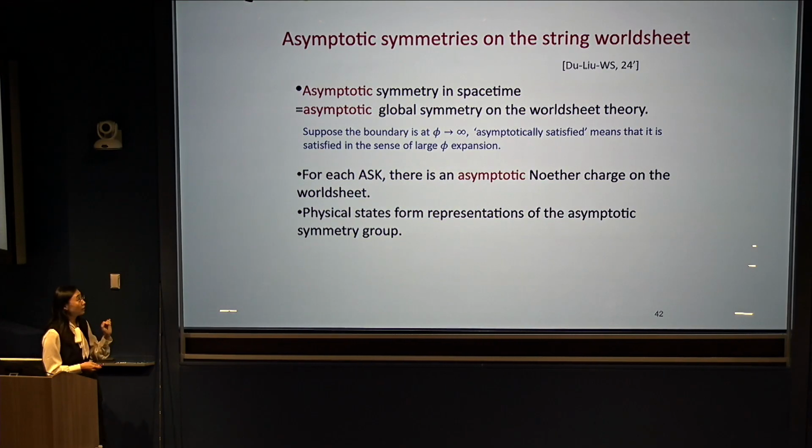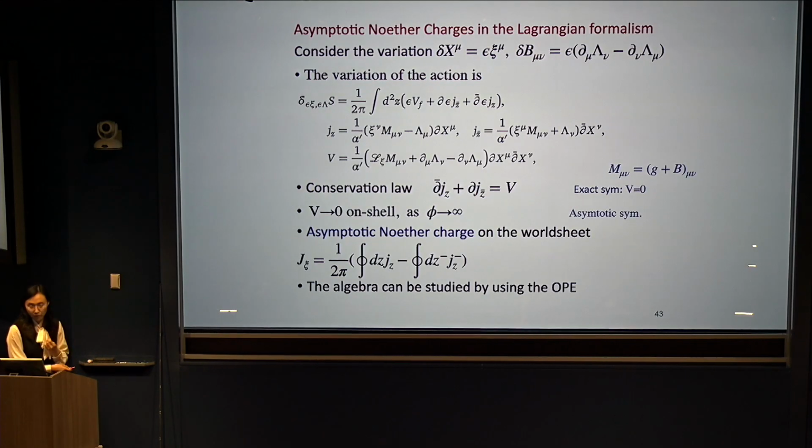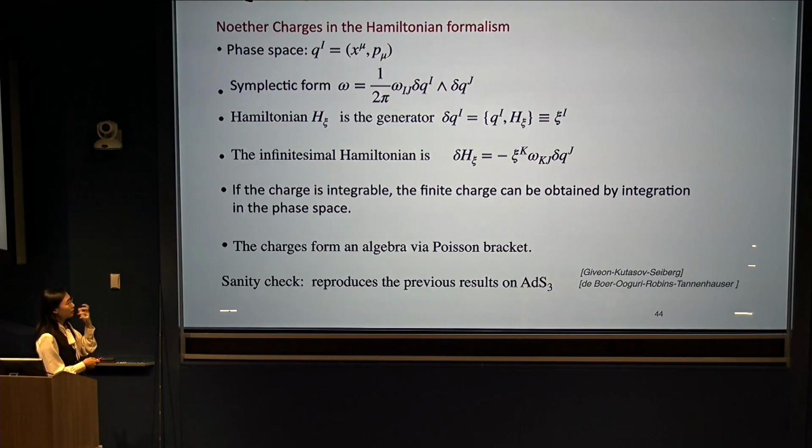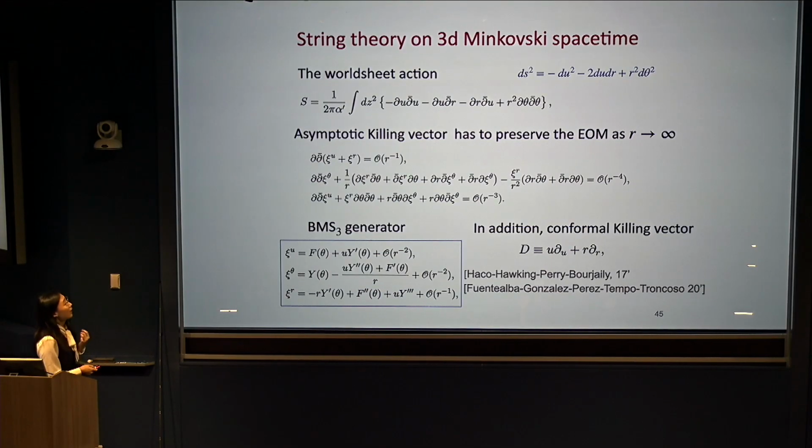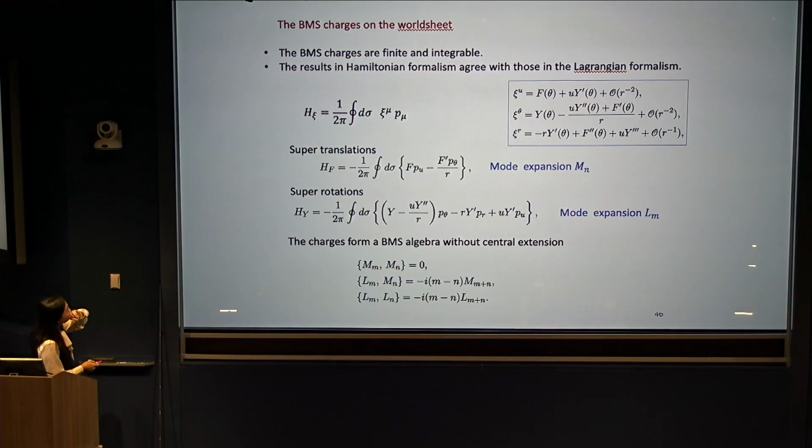And once you have this notion of asymptotic symmetry on the worksheet, you can go ahead and find the asymptotic Killing vectors that preserve this symmetry and write down the approximate charges. You can do it in both Lagrangian formalism and Hamiltonian formalism. And just to show you as an exercise, we did it for three-dimensional flat space and found the BMS generators.